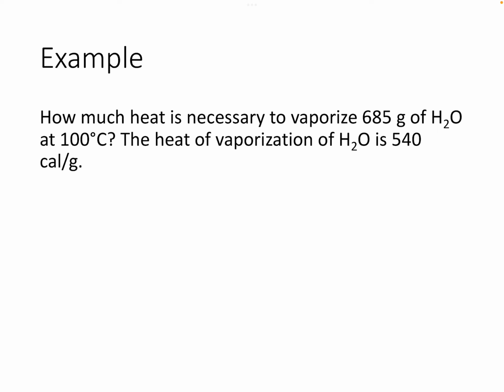So how much heat is necessary to vaporize 685 grams of water at 100 degrees Celsius? And the heat of vaporization of water is 540 calories per gram. Okay, so right away we're given the heat of vaporization.